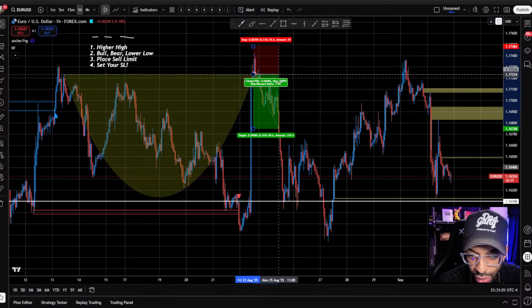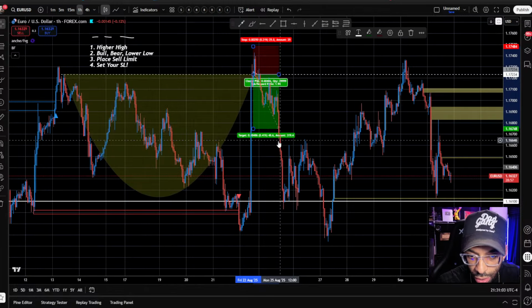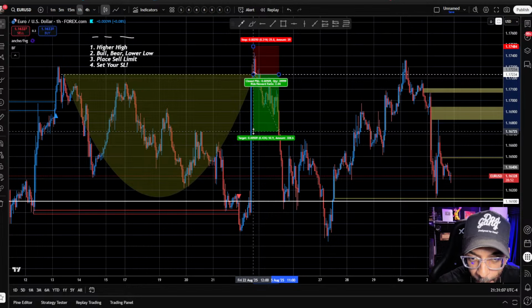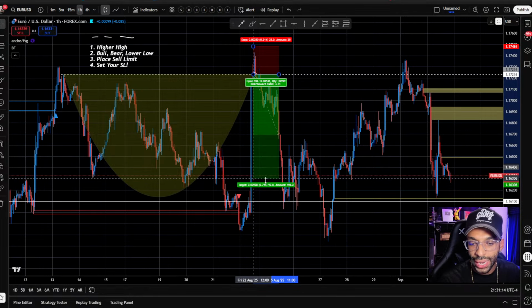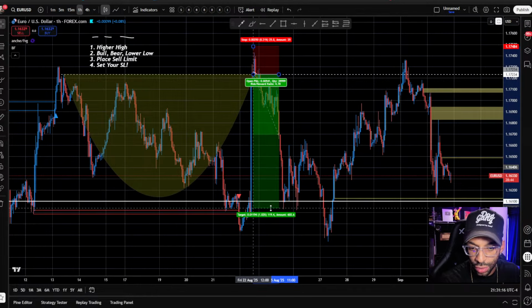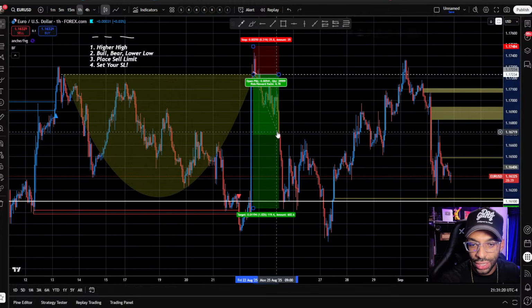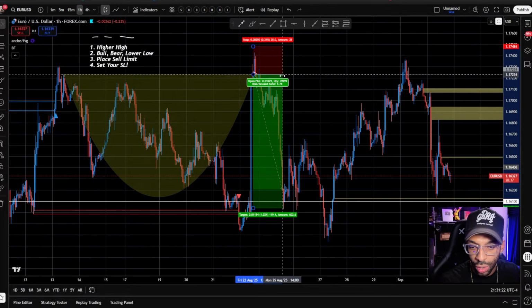So let me actually put it. All right. So you'd have been here. Where's the 1-to-2? 1-to-2 is right here. And then you could have rolled this all the way down to here and got a clean 1 to 4, almost a 1 to 5 risk to reward on this position.